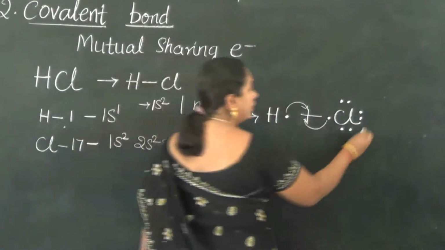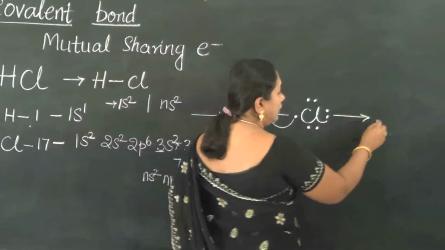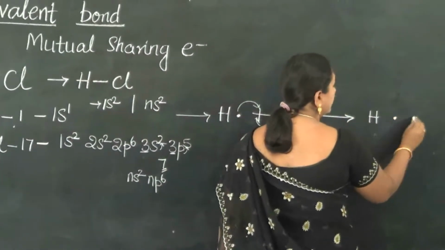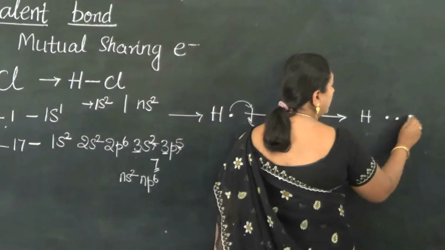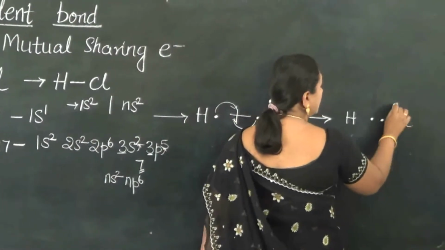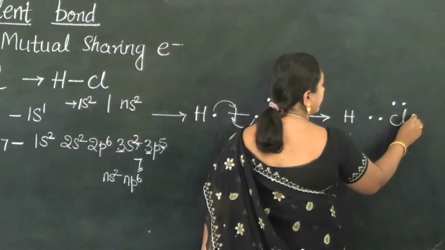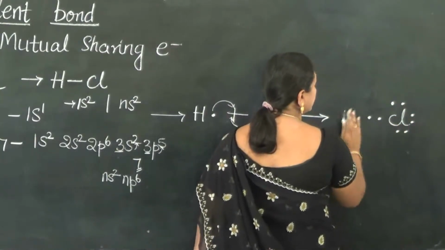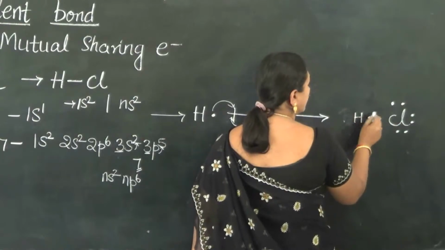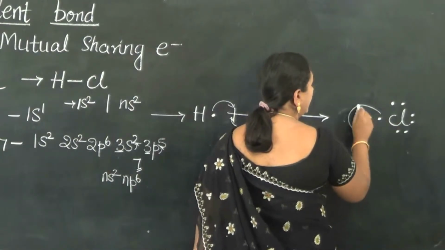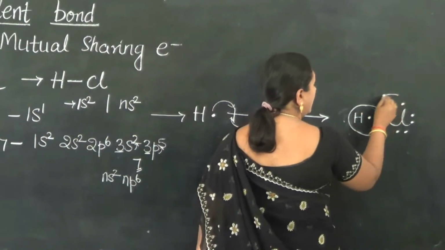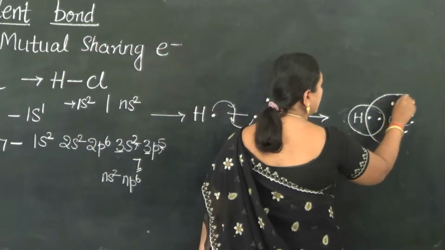Now what happens after donation of this? Now that donated electron is this and it will be shared among the constituent atoms equally.